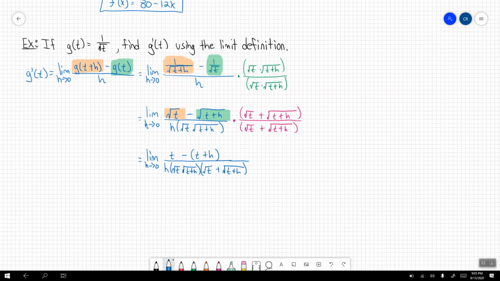Now, let's simplify a little bit. The numerator simplifies to just negative h. The denominator is h multiplied by the square root of t, multiplied by the square root of t plus h, multiplied by the square root of t plus the square root of t plus h. Notice the h factors will simplify in the numerator and in the denominator, which means we're left with this really nice limit that we can evaluate.